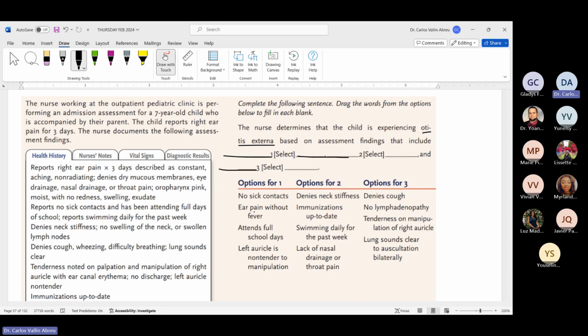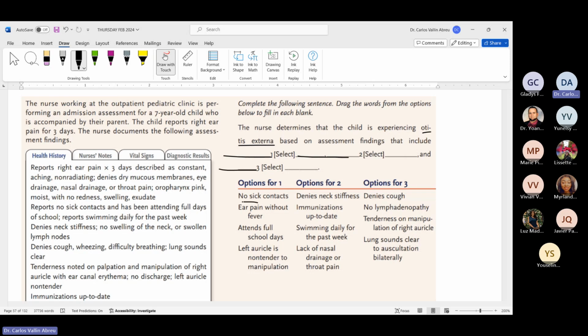So we need to select which findings support the diagnosis of otitis externa. For one: no sick contact, ear pain without fever, attends full school days, left auricle is non-tender to manipulation.